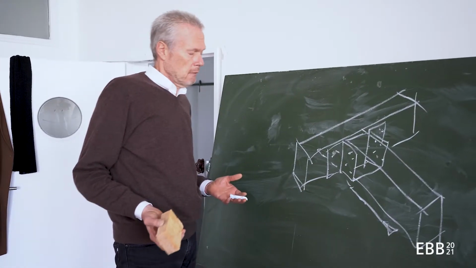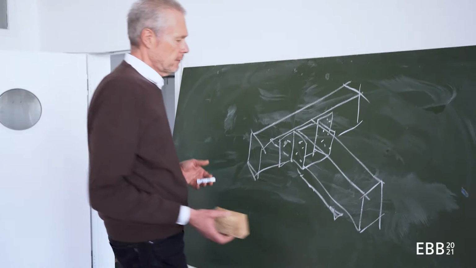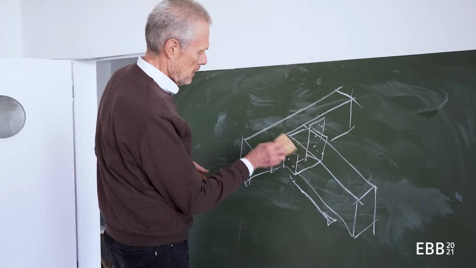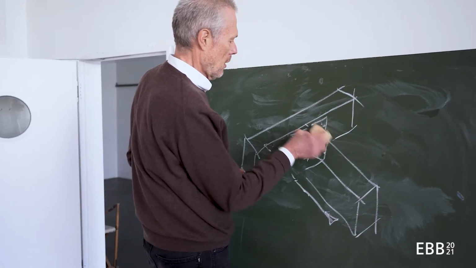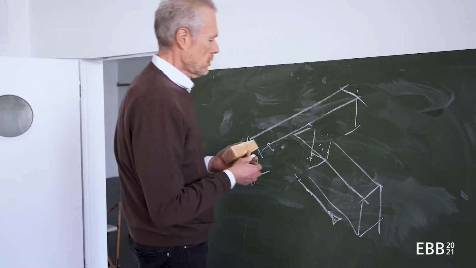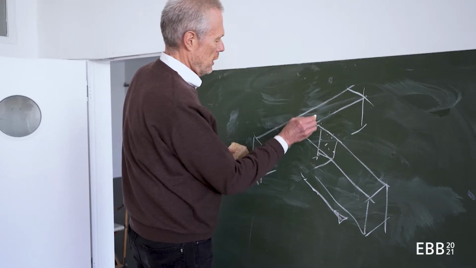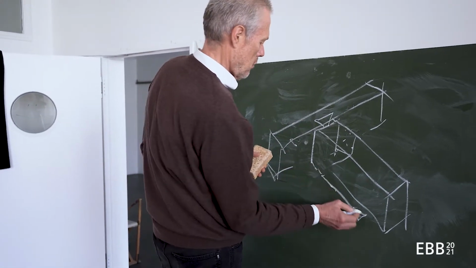Today, with CNC milling, I have other possibilities. If I don't want to see the metal joist hanger, I could also use swallowtail connections.